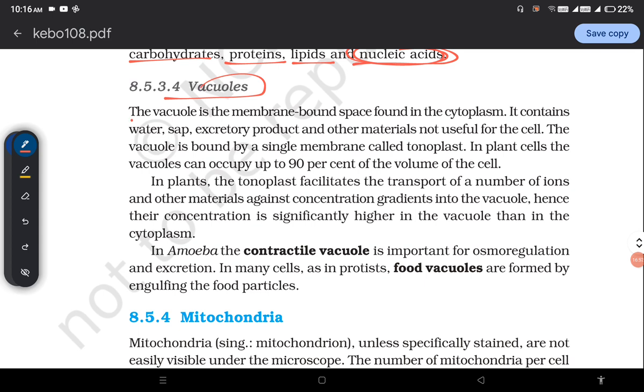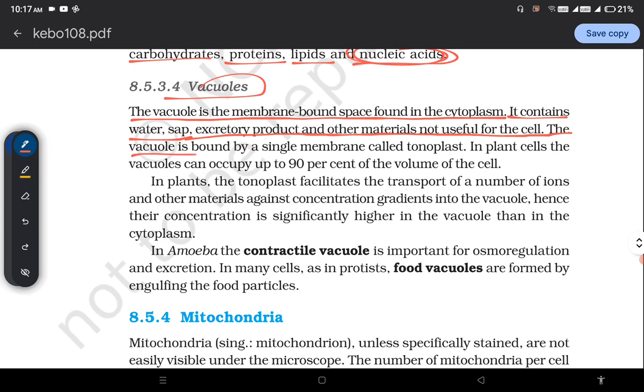Vacuoles. The vacuole is the membrane bounded space found in the cytoplasm. It contains water, sap, excretory product and other material not useful for the cell.